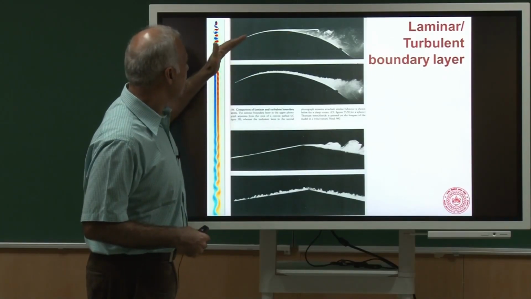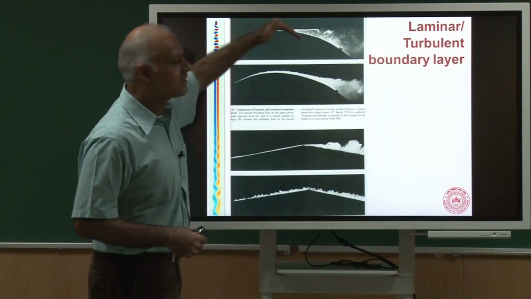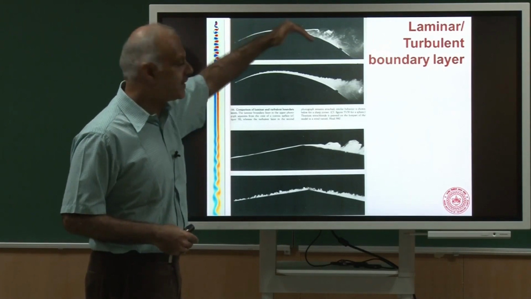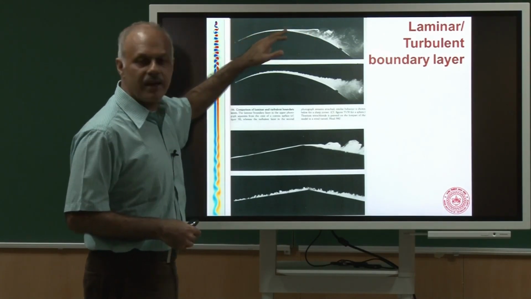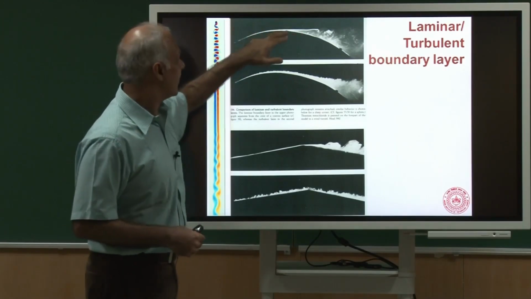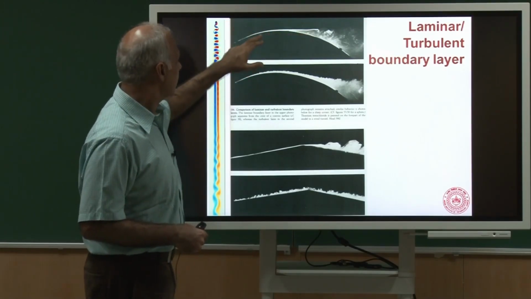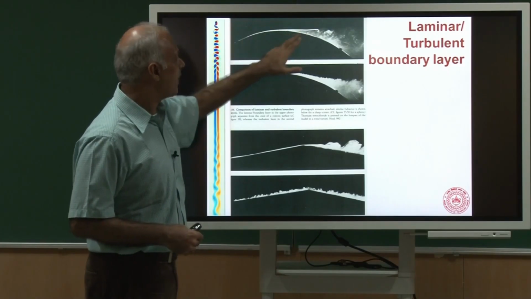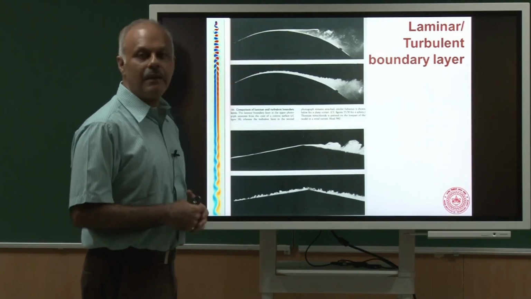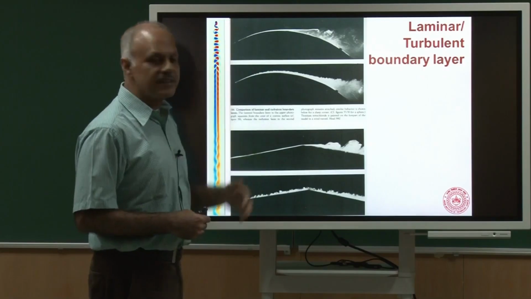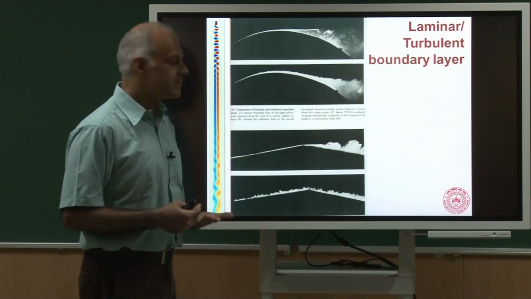There is a fluid particle which is trying to negotiate this curve. In this case, it is a geometric curve, and then at some point it separates, and that is what is happening here. But you will notice the flow is extremely organized, so we call this a laminar boundary layer and the separation a laminar separation.